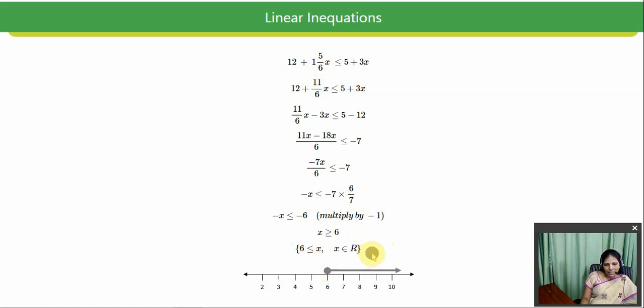As you cannot represent in the roster form, you need to represent with the set bracket, and next you need to show it on the number line, right? So what are all the values which are greater than or equal to 6? 6 and all the values greater than this will be the solution for this inequality.